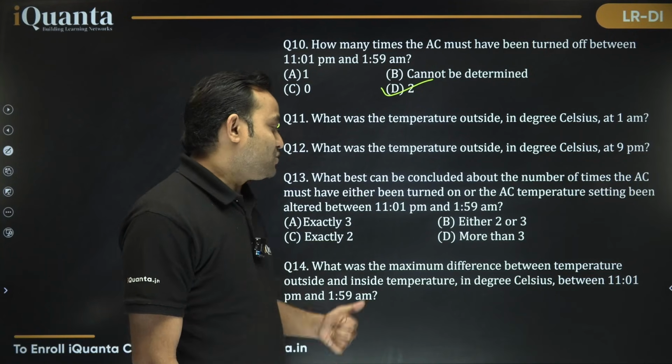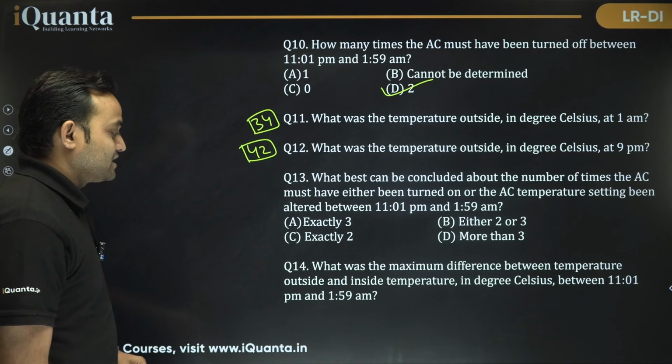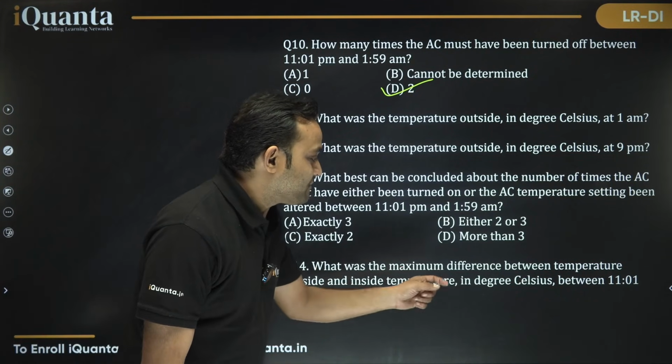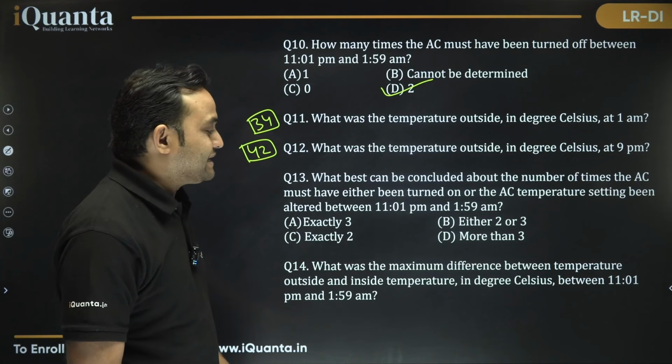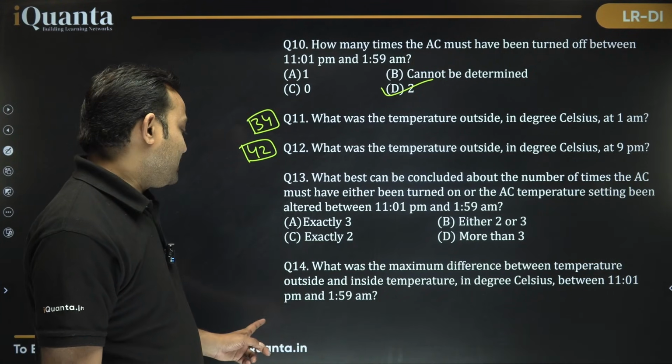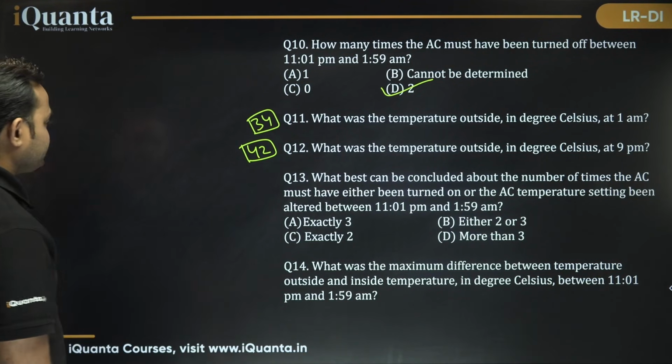Okay. So let's go to question number 14. Then we will come to question number 13. What was the maximum difference between the temperature outside and inside temperature in degrees Celsius between 11:01 p.m. and 11:59 a.m.? The maximum difference.